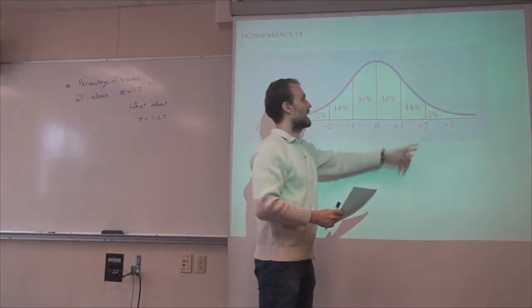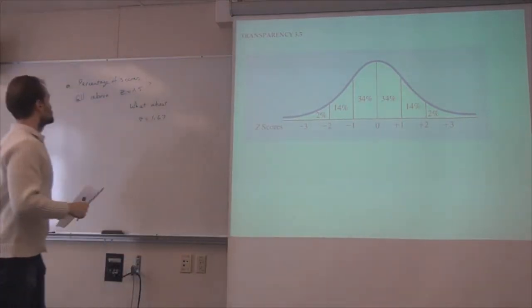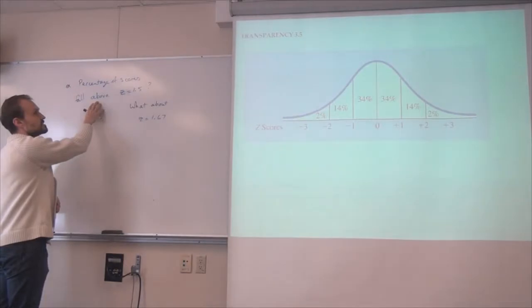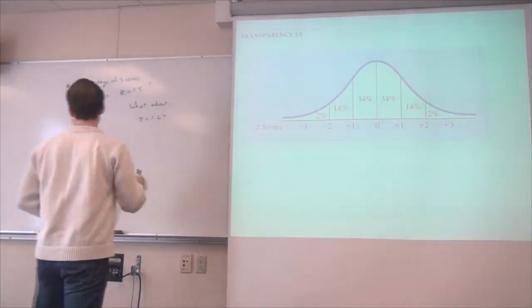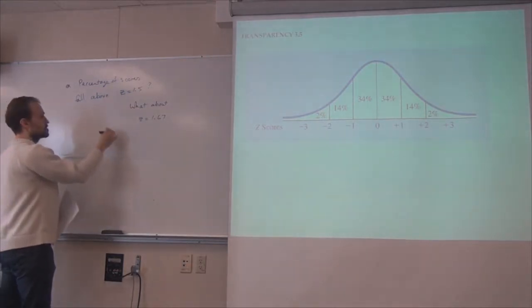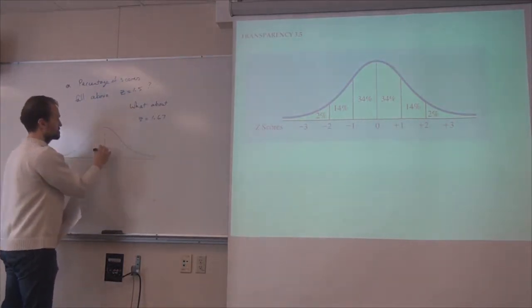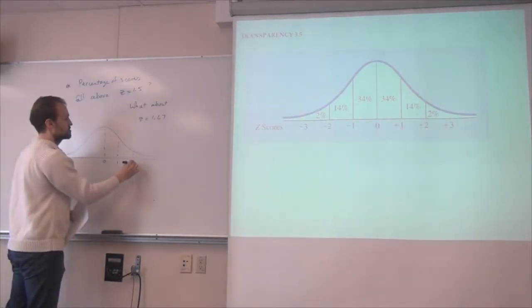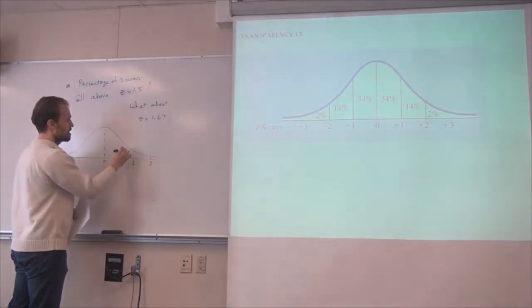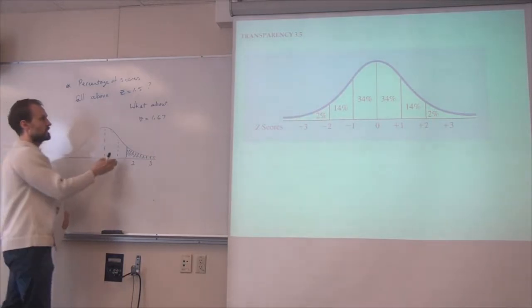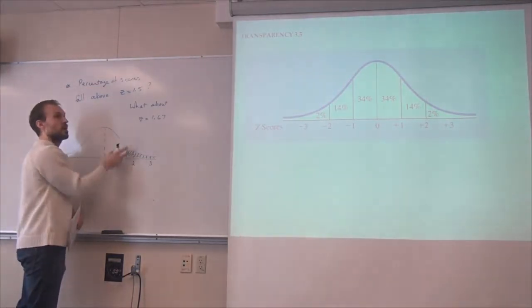So if I'm looking at the percentage that falls above that, I'm visualizing the area that I'm looking for as, okay, that's 0, that's 1, that's 2, that's 3. I'm looking for something over here. I'm looking for this area. But all I know is these little blocks.